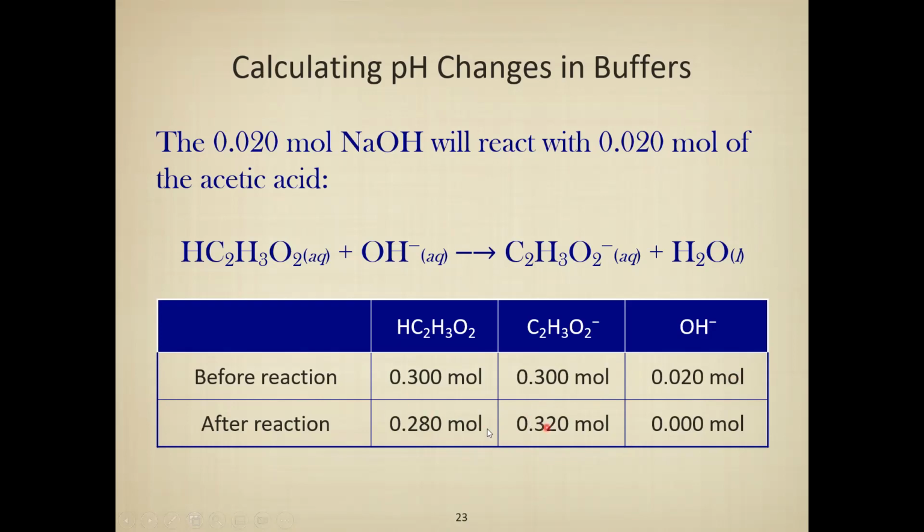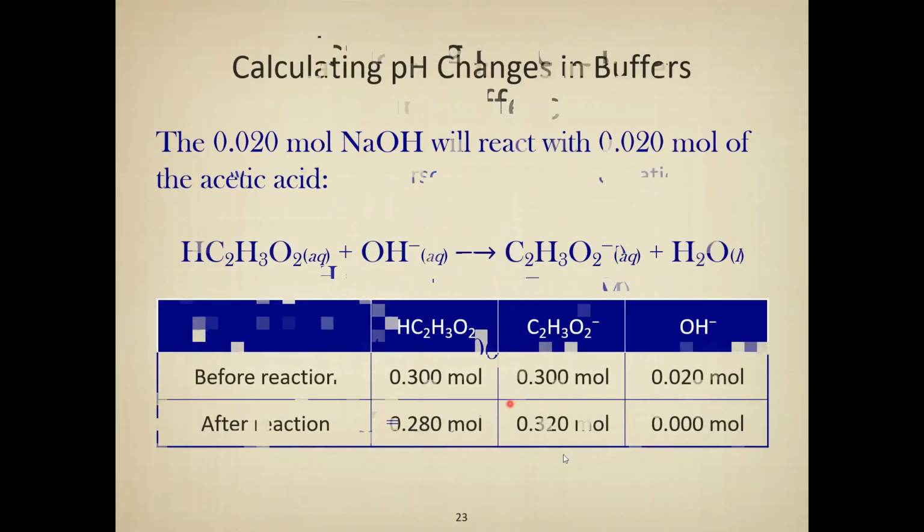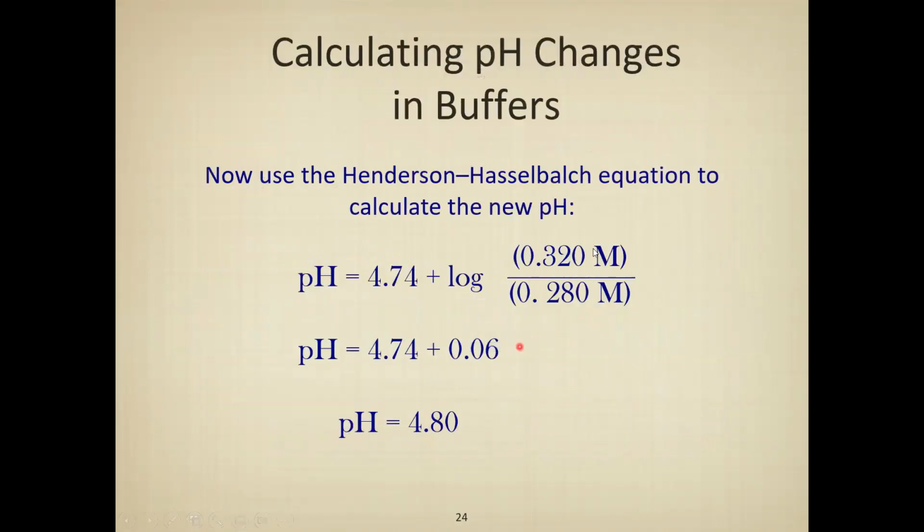But now that we have the concentrations of these after the reaction, we can use these in our Henderson-Hasselbalch equation. So again, 4.74 is just that pKa, so that's why we have this value already. Plus the log of the base over the acid, so we increase the concentration of that acetate ion, that conjugate base, and we decrease the concentration of the acid, so that's why we have 0.32 over 0.28.